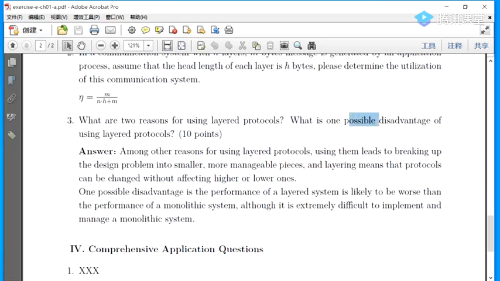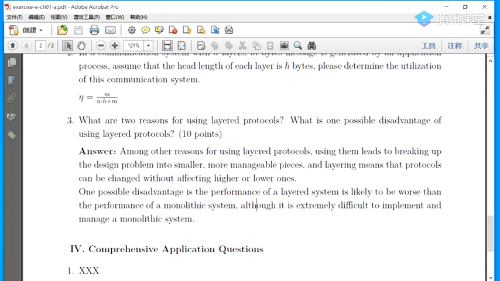Now, one possible disadvantage of using layered protocols lies in performance. The layered system is likely to perform worse than a monolithic system. Also, it is extremely difficult to implement and manage the monolithic system.